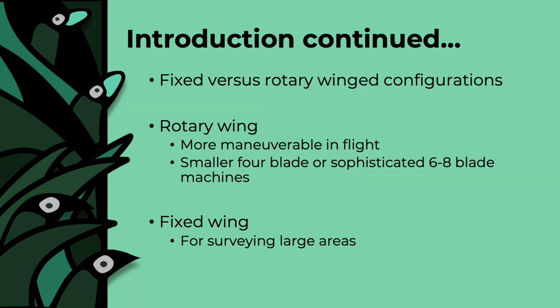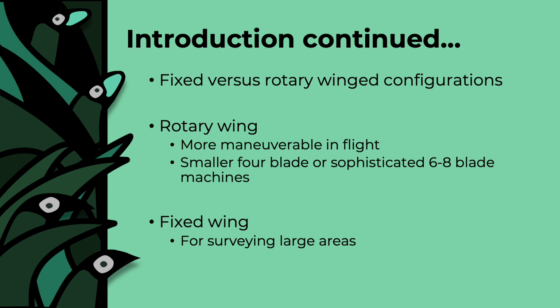UAVs come in fixed and rotary-winged configurations. Rotary wing UAVs offer the greatest utility because they are more maneuverable in flight. This includes smaller four-blade quadcopters designed for consumer use, as well as larger and more sophisticated 6- or 8-blade machines intended for professional applications.